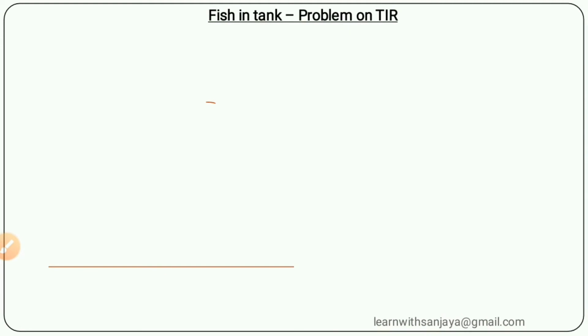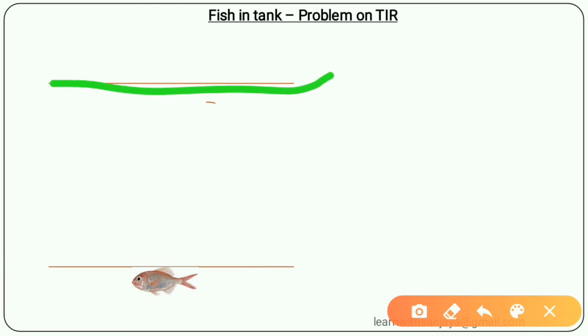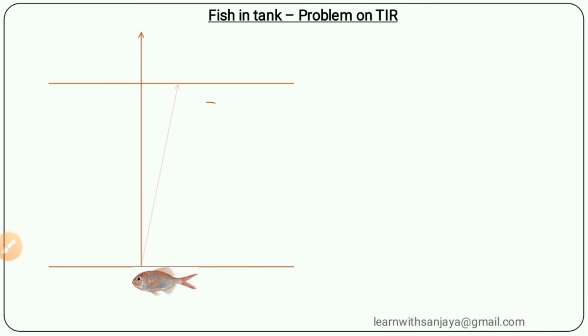So we had just discussed the fish tank problem from total internal reflection on board, and if you have understood already, you can skip this animation. Let us say the fish is at a depth h from the surface of water. A light ray passing directly goes undeviated.